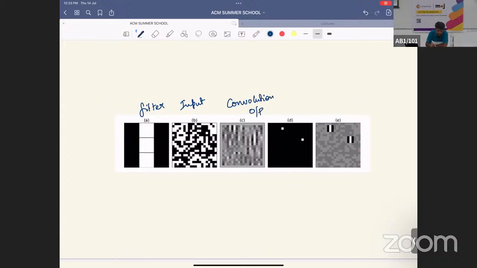In this toy example, it's a 3x3 filter with 1, 1, 1 in one row and all others 0, 0, 0. This is the filter or the kernel. We place it at all possible locations of the input, take the inner product and get these values. Then we use a nonlinearity or activation function, and pass this through it to get this output.